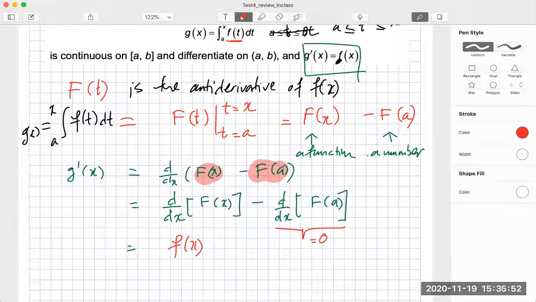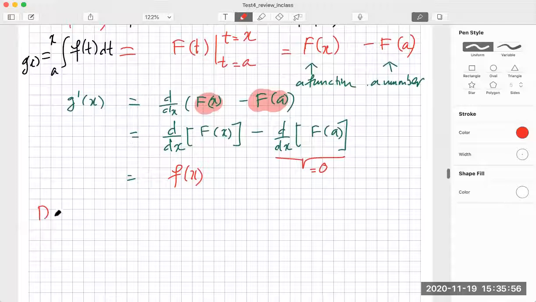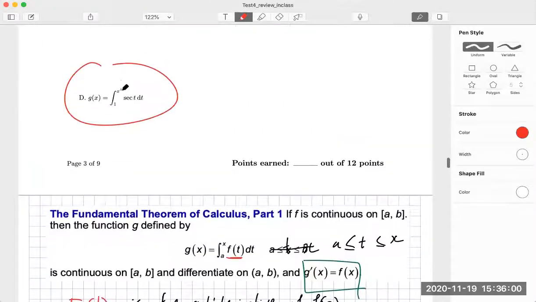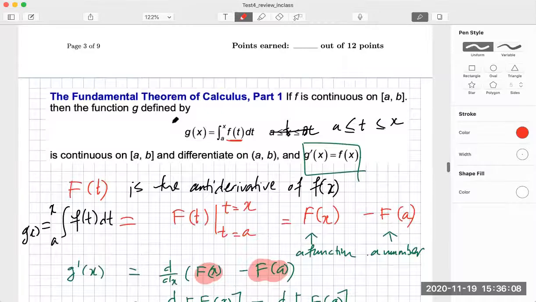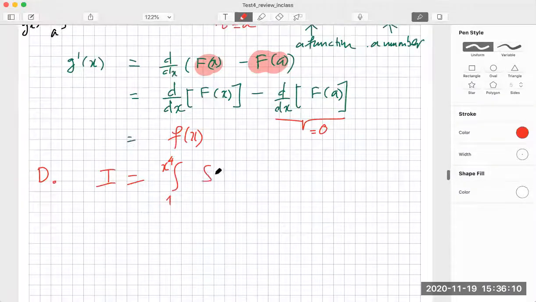Now, we apply it to question D. Okay, let us define I to be the integral from 1 to x to the 4th of secant t dt, right? Look at this.